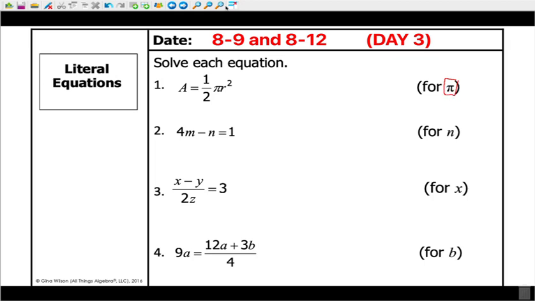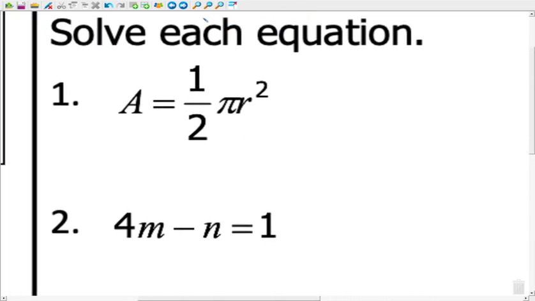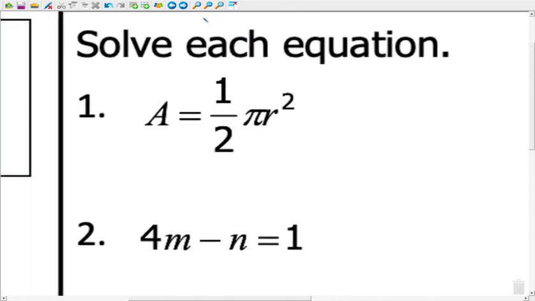In solving for pi, we need to first recognize what is being done to pi so we can undo it. When you see a fraction bar, remember that this can also be written as A equals 1 times pi times radius squared all over 2.